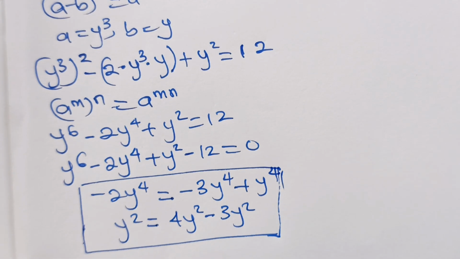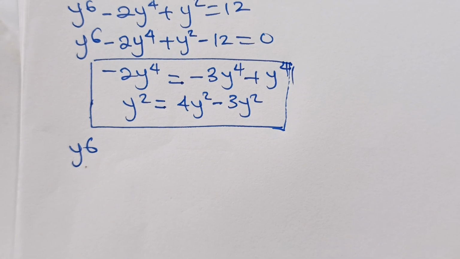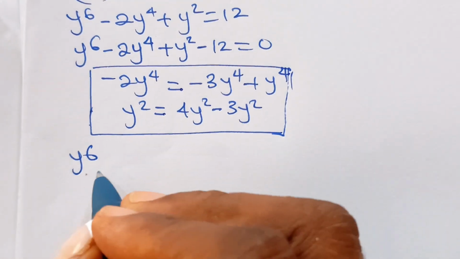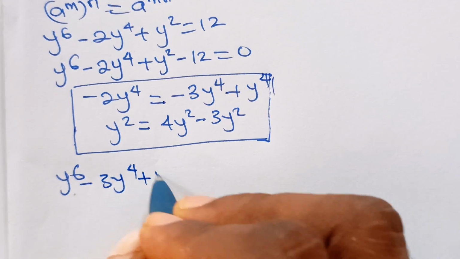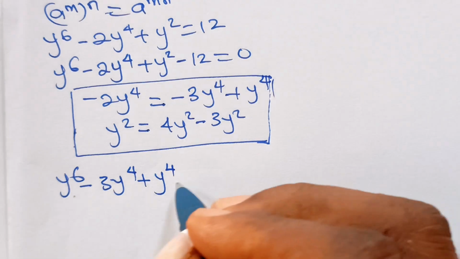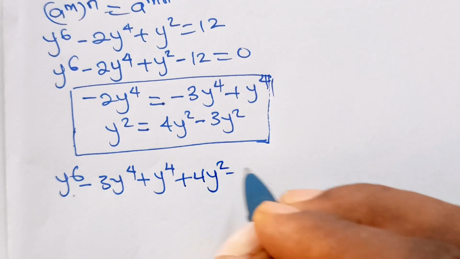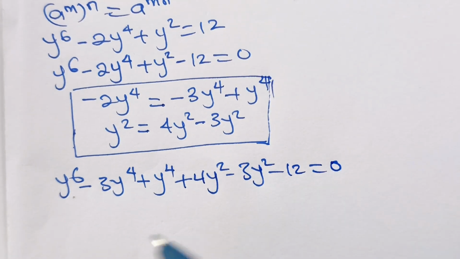So we have y to the power of 6, then minus 2y to the power of 4 will be replaced with the whole of this: minus 3y to the power of 4 plus y to the power of 4. Then y squared will be replaced with this: plus 4y squared minus 3y squared. Then minus 12 is equal to 0.